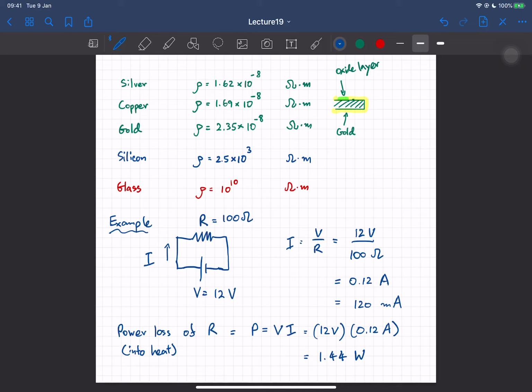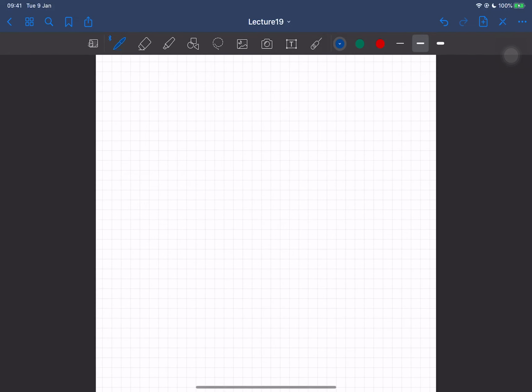A more complicated circuit is when you have more than one resistor in the problem. So let's do that. Let's say we have two resistors like this. So one here, we call it R1, and let's have R1 equal to 50 ohms. And then we're going to have R2 equal to 70 ohms.